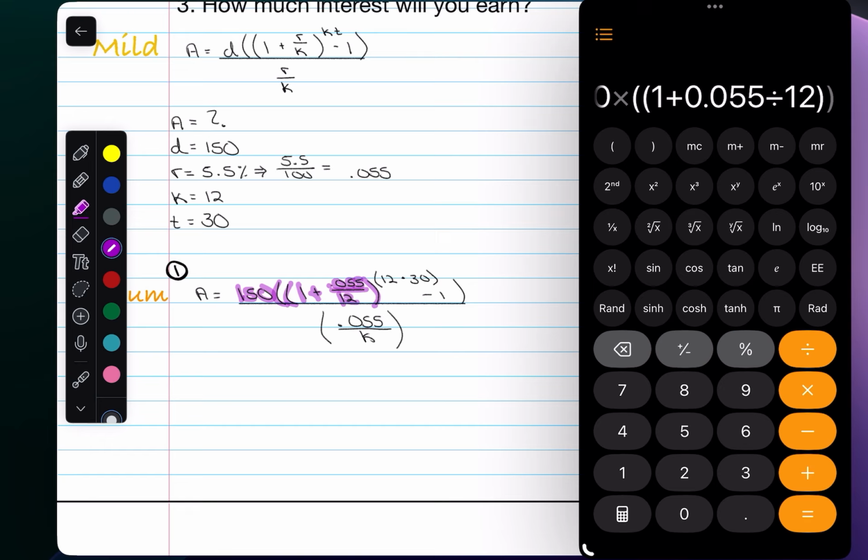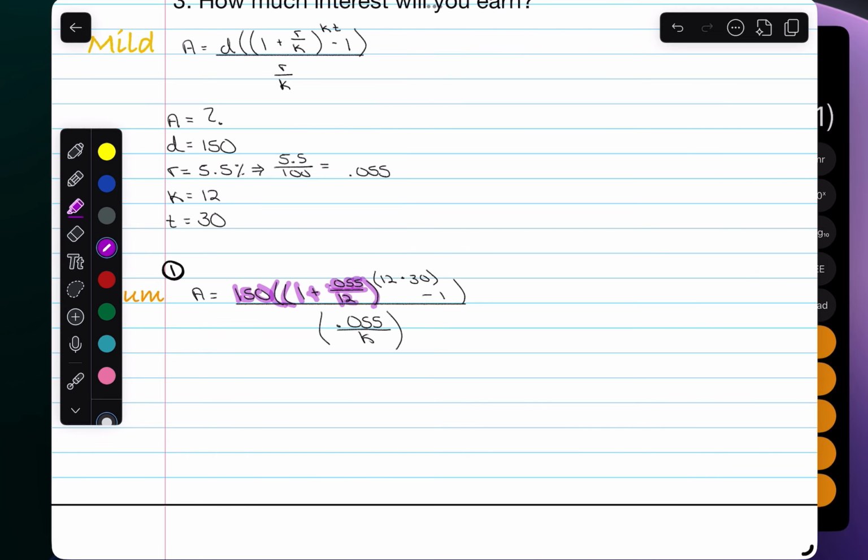That is this x to the y button right there that's highlighted now. And I have to open another parenthesis. Parenthesis, 12 times 30, close parenthesis, minus 1, close parenthesis. Okay, so I've just typed in now, I did the x to the y power on my scientific calculator.